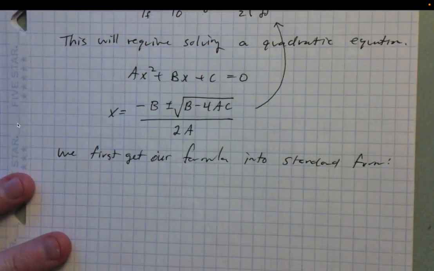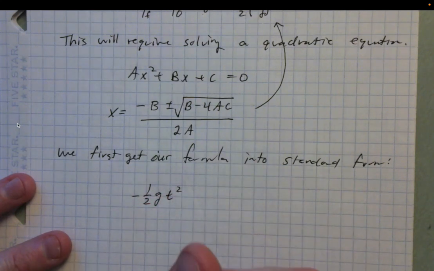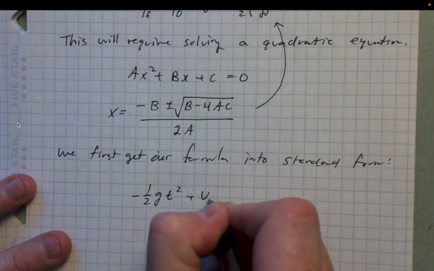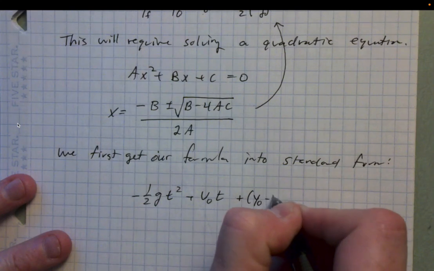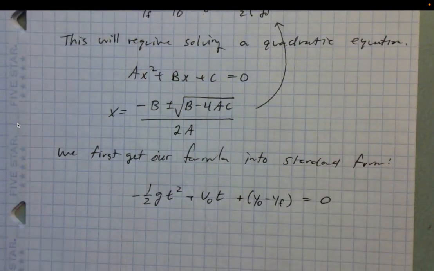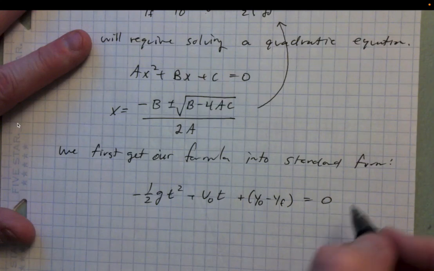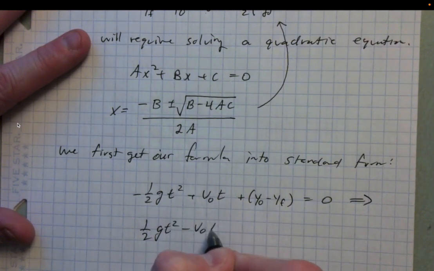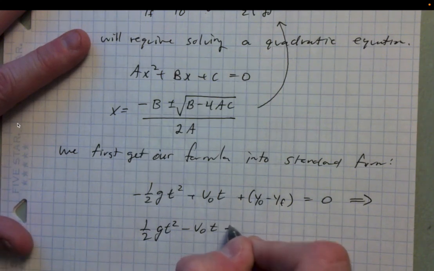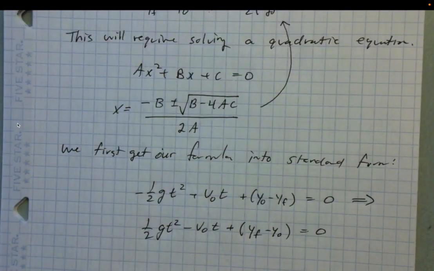So we can write it like this: -1/2 g t squared plus v naught t, and then plus y naught minus y final, all of that equals 0. Okay. And I'm actually going to switch the signs just to make the arithmetic a little easier. I don't want the negative out front, so I'm going to write this instead as 1/2 g t squared minus v naught t, and then plus y final minus y naught. Okay, so it's the same thing. I'm just doing a little bit of algebra.